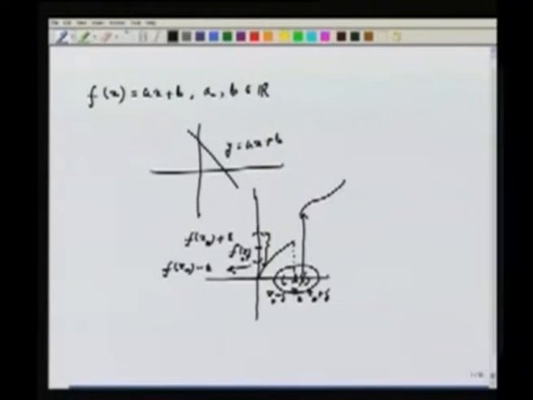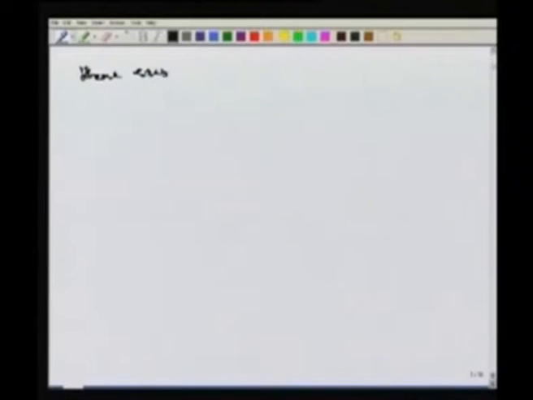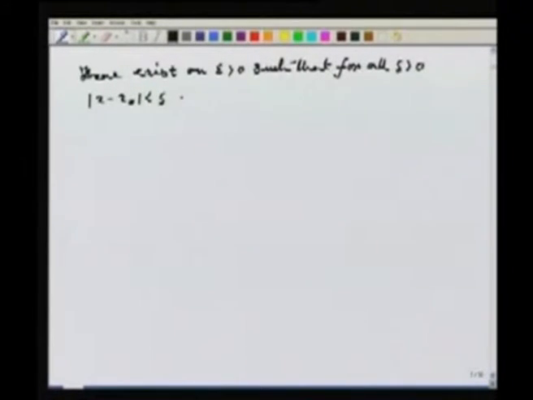What we got is as follows: there exists an epsilon bigger than 0 such that for all delta bigger than 0, mod of x minus x0 less than delta does not imply mod of f(x) minus f(x0) is less than epsilon.